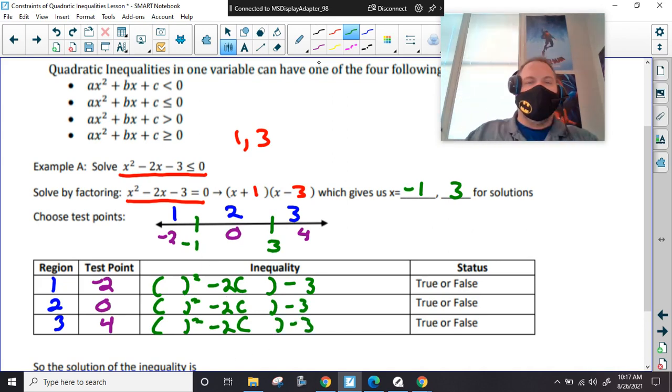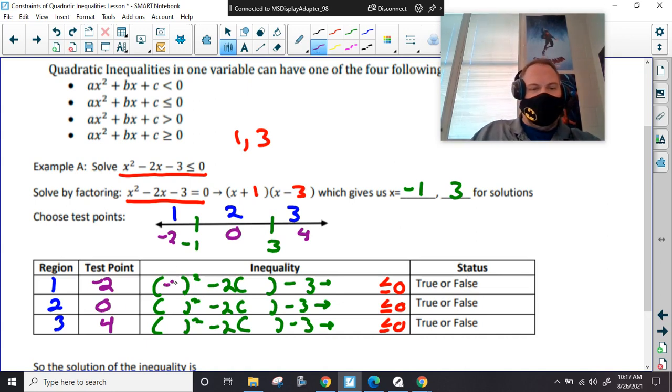So we need to see if all of these numbers, what we get at the end here, after we plug them in, this is an arrow, by the way, if all of these are less than or equal to 0. All right. So I'm going to do this one first.